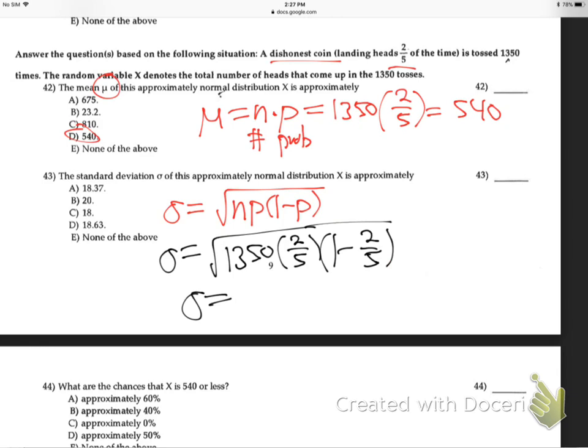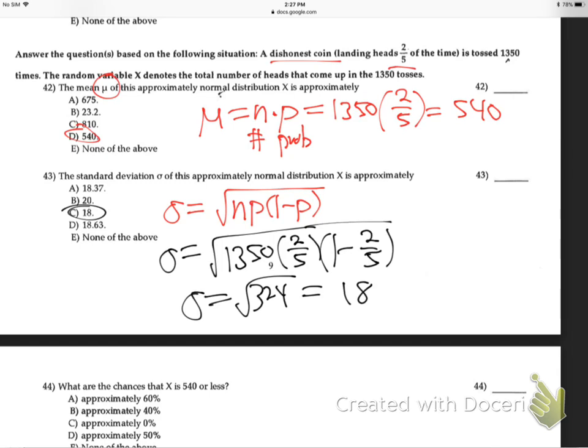That's not an easy calculation. I'm getting the square root of 324, which comes out 18. If you have any trouble with the calculator, grab me after class. I'd be glad to help. It's a little tricky. I got 324, then I square rooted it, 18.